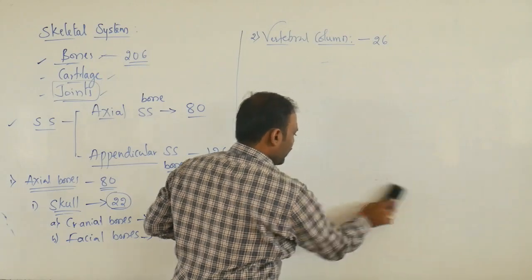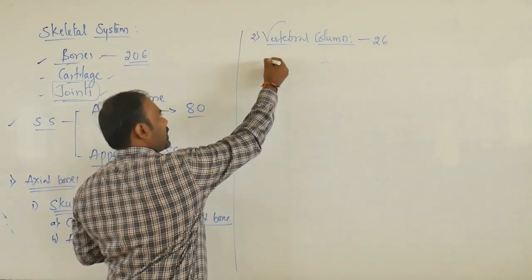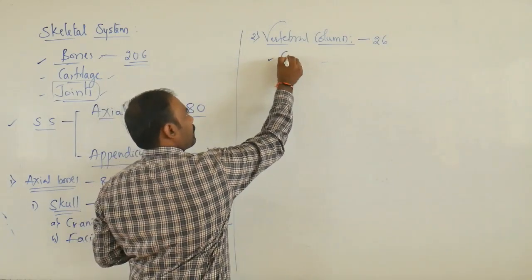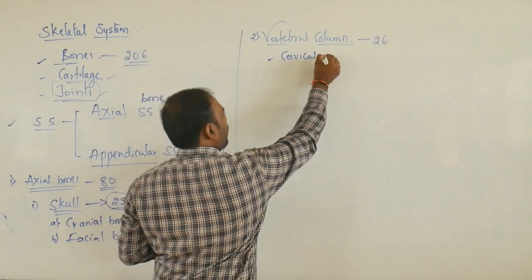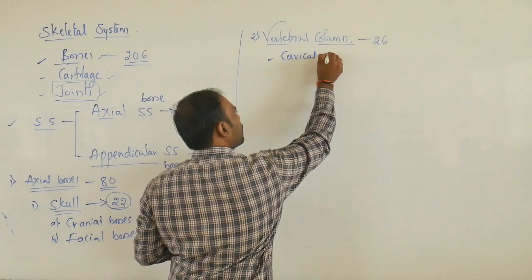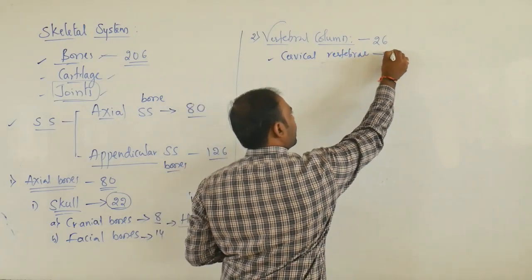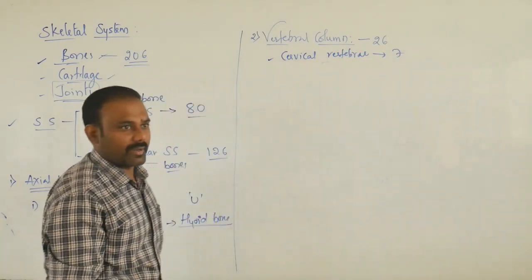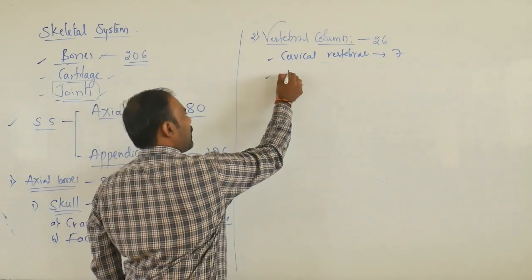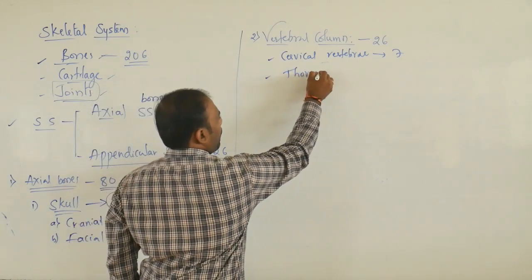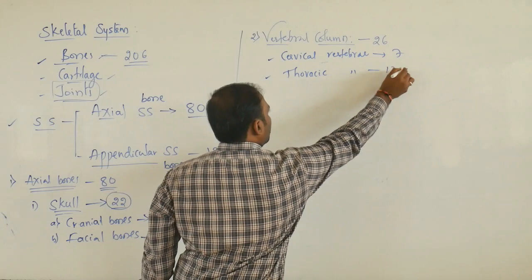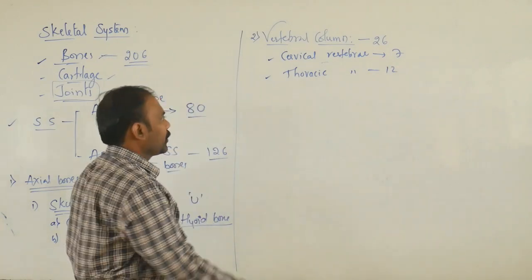Yes. Now in short, I can write out of 26. First one will be cervical vertebrae, that is 7. Second one, thoracic vertebrae 12.